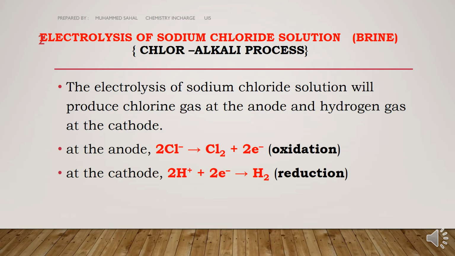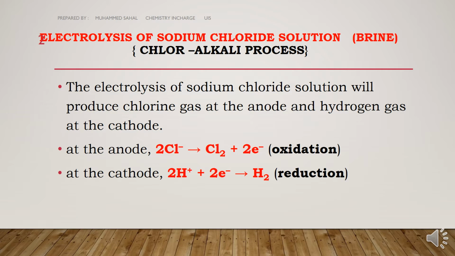When the current flows, the chloride ions are attracted to the anode and chlorine gas is produced by the electrode process. 2Cl minus gives Cl2 plus 2 electrons. The hydrogen ions are attracted to the cathode and hydrogen gas is produced. 2H plus plus 2 electrons gives H2.